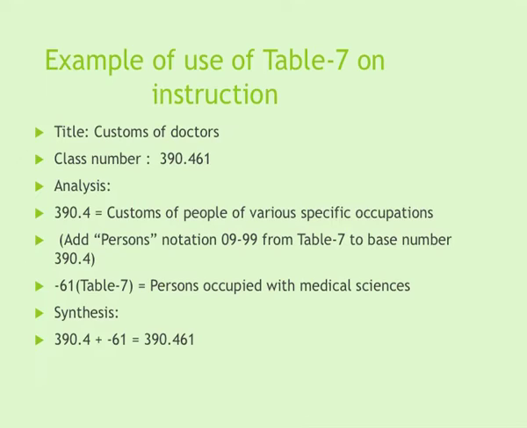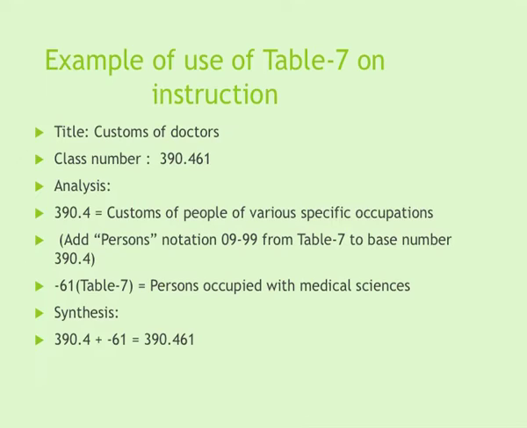And for the persons occupied with medical sciences, that is doctors, we find number 61 in table 7. So, we just attach this number 61 to the basic subject number, that is 390.4. The complete class number becomes 390.461.